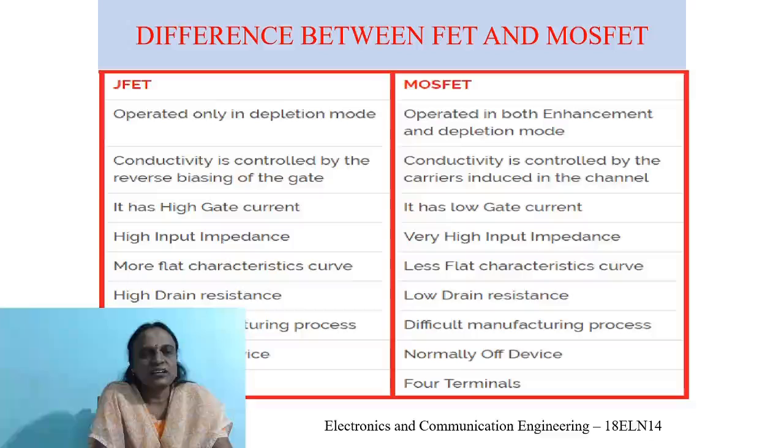Hence, the JFET has high input impedance. The JFET has a diode-like input first of all, and this input is reverse biased. When it is reverse biased, it acts as an open switch.